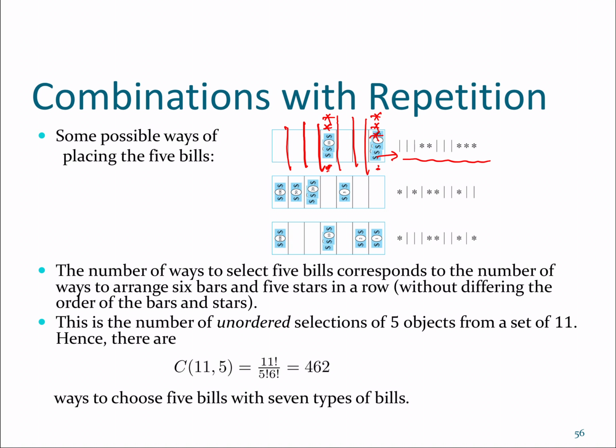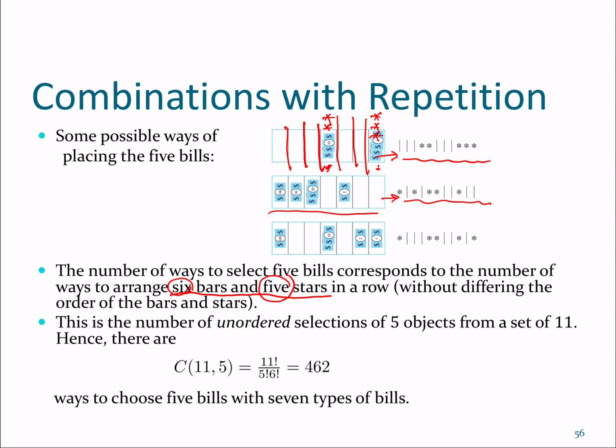And this is another situation, which can be translated into this one. So all the different ways of selecting bills correspond to the number of ways to arrange the bars and the stars. There are 6 bars in this example.